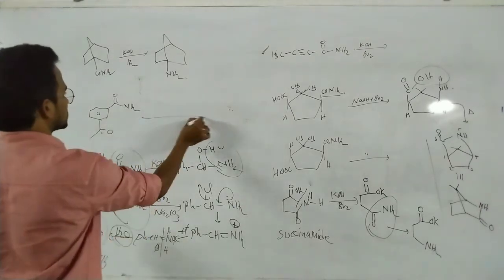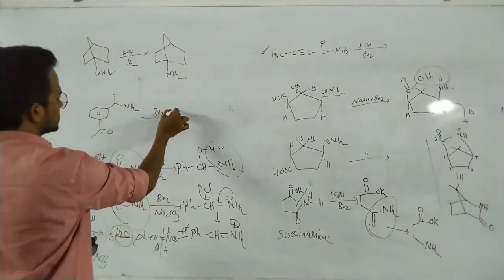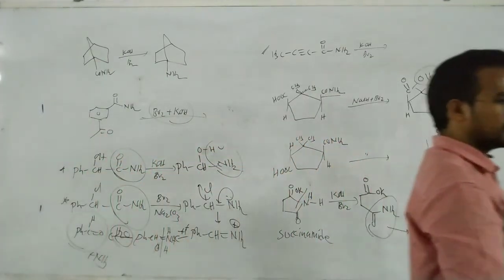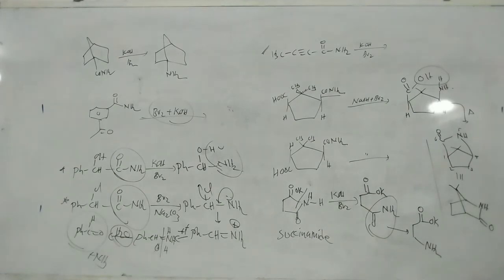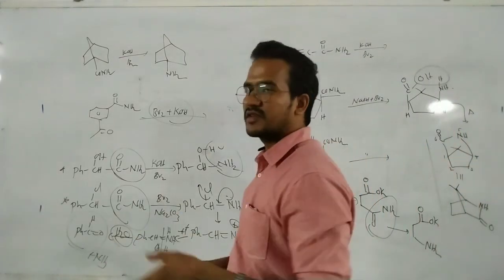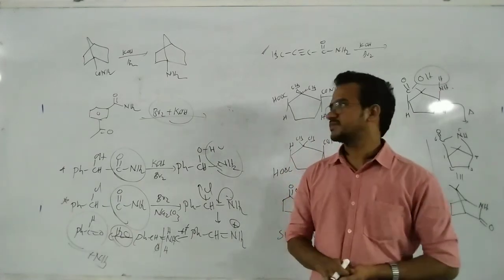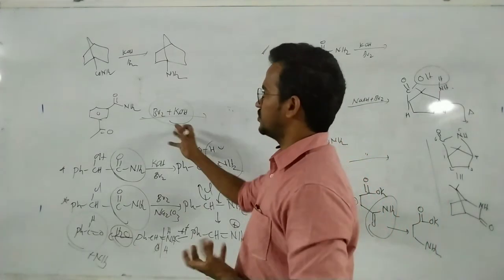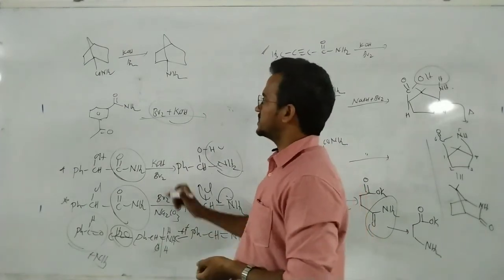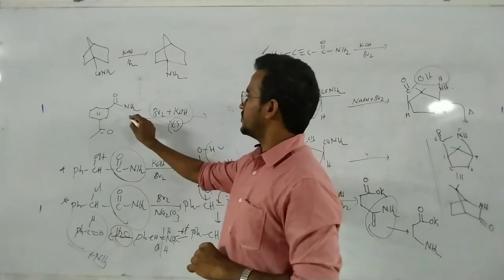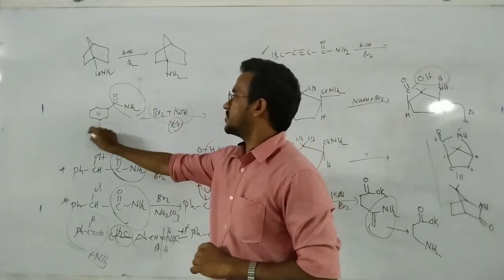Actually in this case, the same combination of reagents is also used in the haloform reaction. We already discussed the haloform reaction: it takes place in the presence of a base along with the halogen. So here Br2 and KOH. Suppose an excess of Br2 and KOH is taken, then CONH2 is converted to NH2, and this is the methyl ketone.